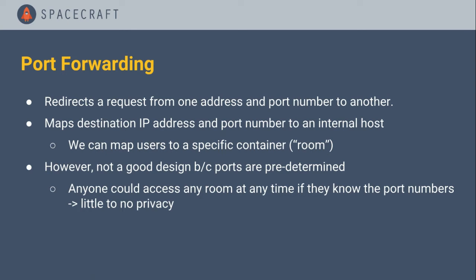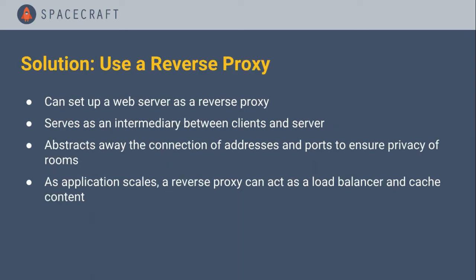we switch to another approach, which is using a reverse proxy. So what we're going to do is build a web server that sits in between the user and our application.